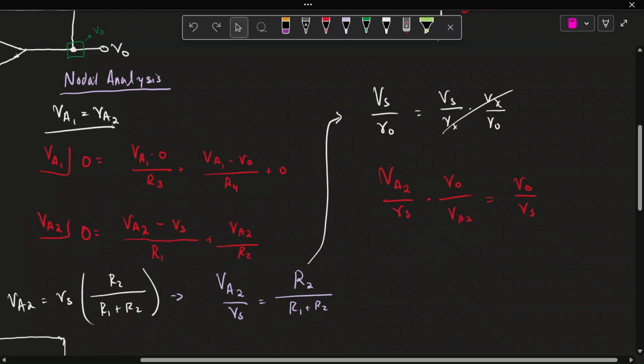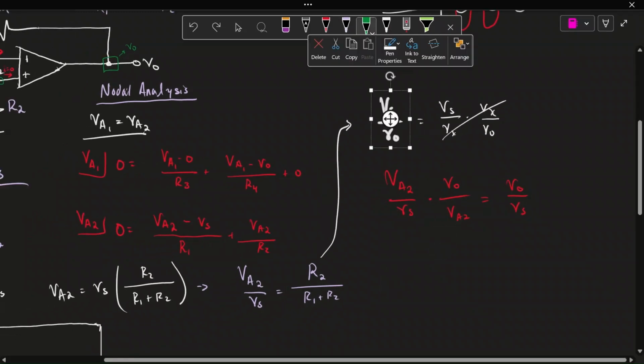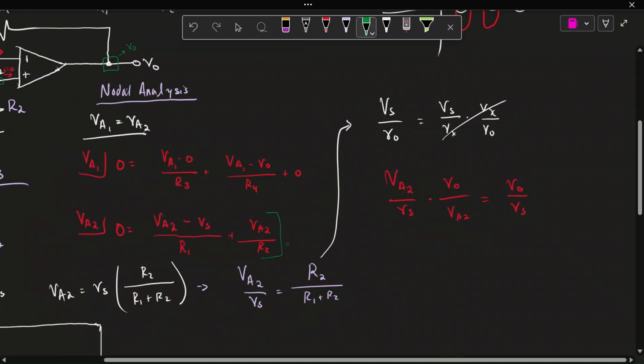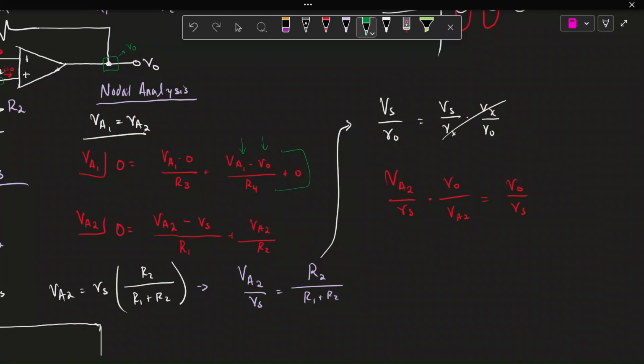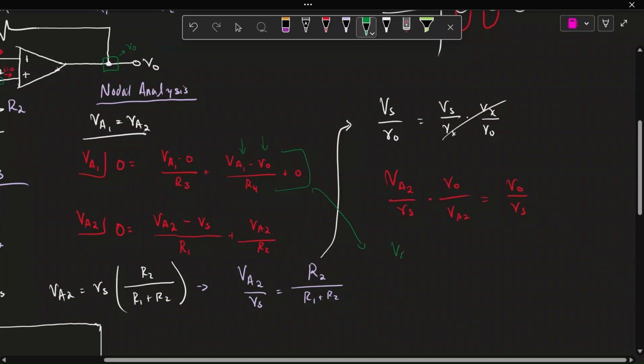Well, what if we use the equation from the nodal analysis that we've created? We can actually use this first one, which looks a little easier. We have VA1 and we have VO. This should give us the exact same answer. So we get VA1 over R3 plus VA1 over R4 minus VO over R4 is equal to 0.